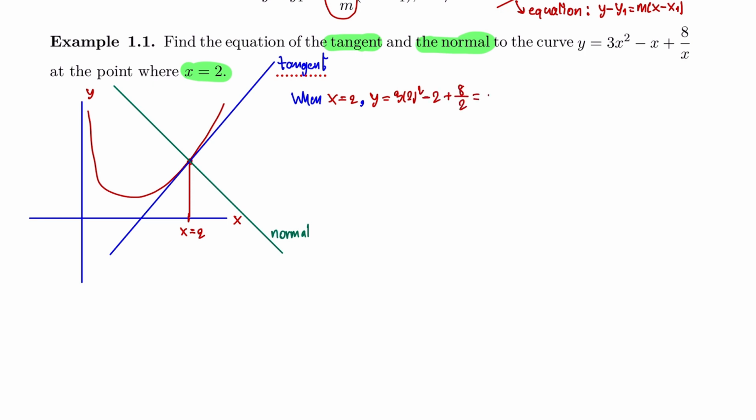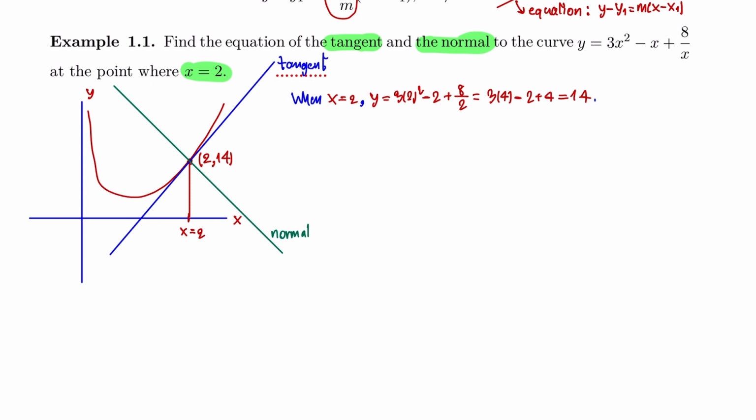So it turns out to be 3 times 4 minus 2 plus 4. This is 12, right? 3 times 4 is 12. 12 minus 2 is 10. 10 plus 4 is 14. Okay? So this point has coordinates (2, 14).